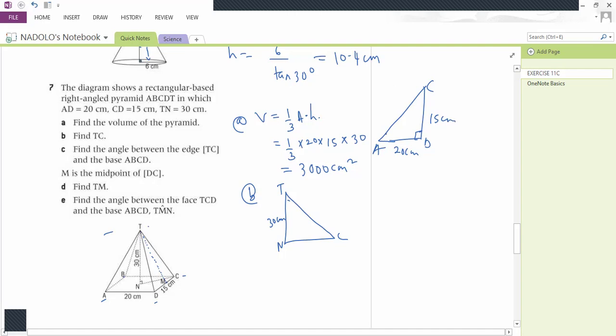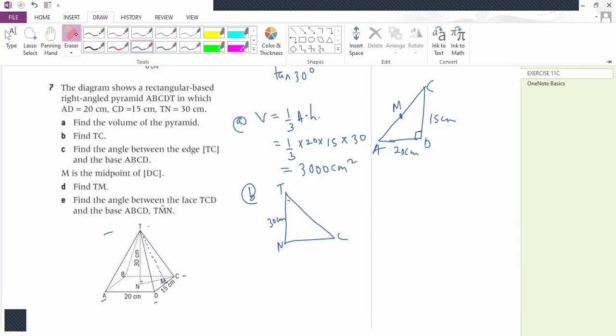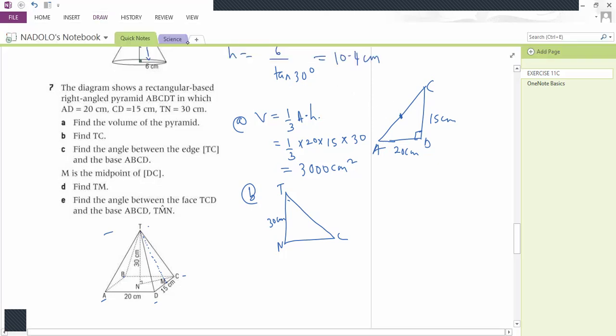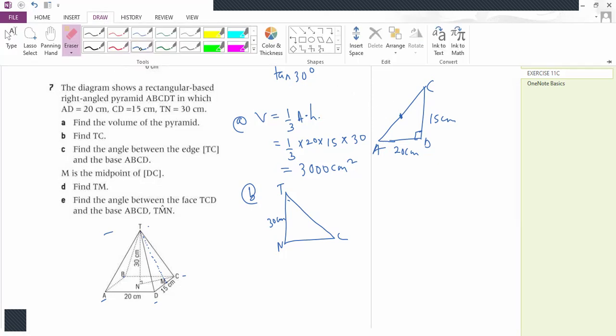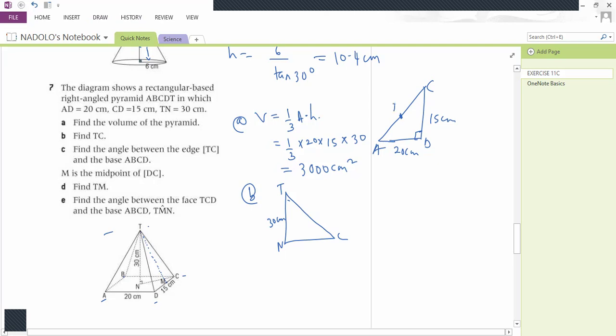So we can really get AC, and N is perpendicular, so it is directly above the base, and at the middle of the base. So this is N. So if we get AC, we can halve it for us to get NC. How do you do that?